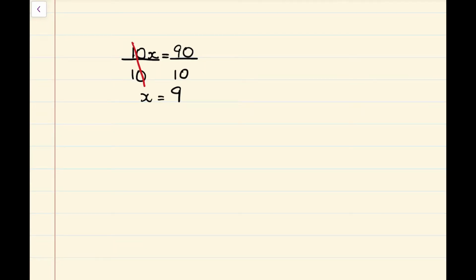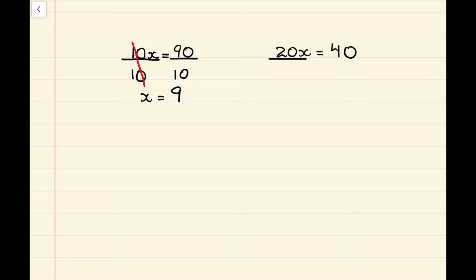All right, so of course we're going to be doing another question just like this one. So again, we're going to have 20x is equal to 40. Remember, this 20 is being multiplied by the x. And so we would just have to perform the opposite of multiplication, which is division. We want to get rid of the 20, which means we're going to have to divide by the 20. So we're basically dividing by what we want to get rid of, and that's the 20.